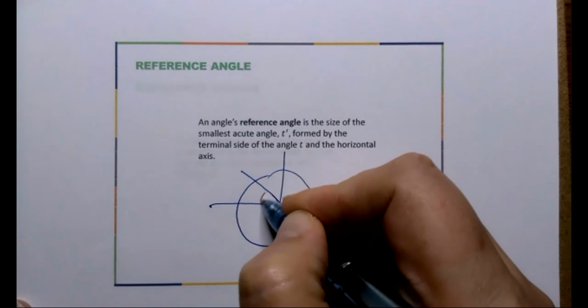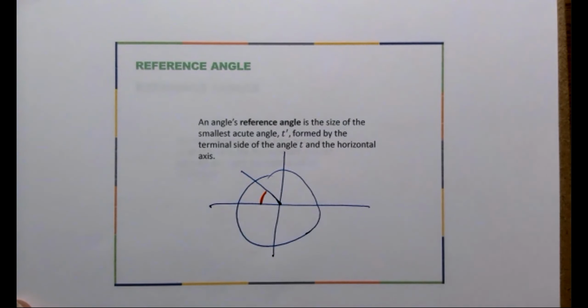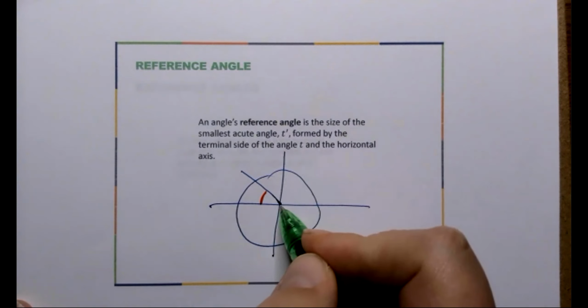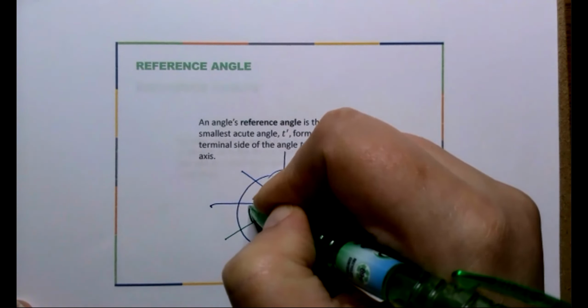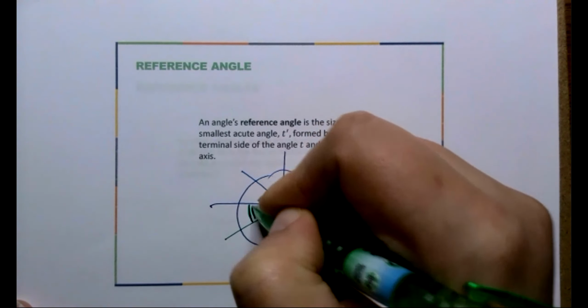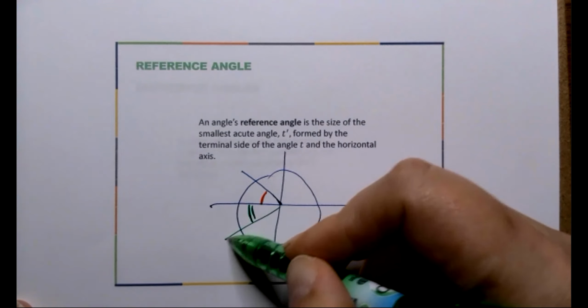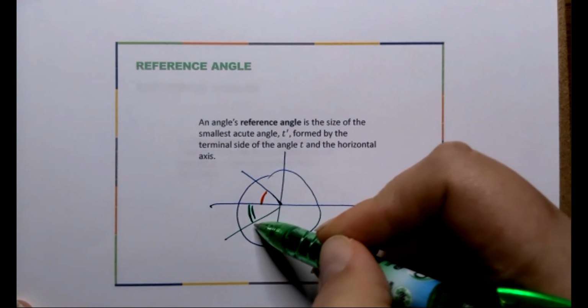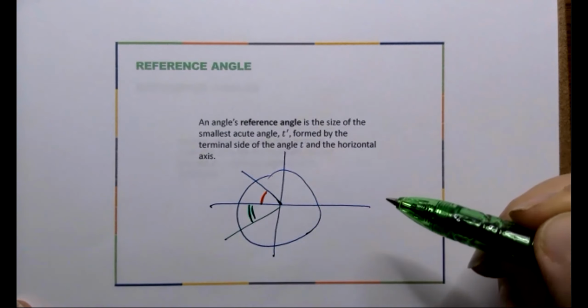So it will be this one. Now, if you have an angle in the third quadrant, right here, for example, its reference angle is going to be here. So it's the angle between the terminal side and the x-axis, the smallest angle.